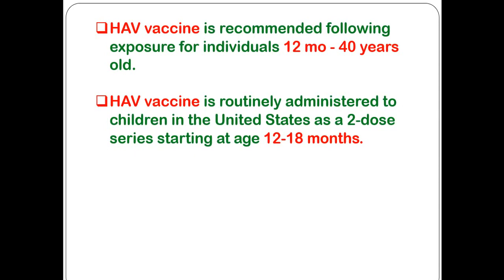The vaccine is routinely administered to children in the United States as a 2 dose series starting at age 12 to 18 months. Unfortunately, although we are a high endemic area with high prevalence of hepatitis, the vaccine for hepatitis A virus is not included in the expanded program of immunization in our country.